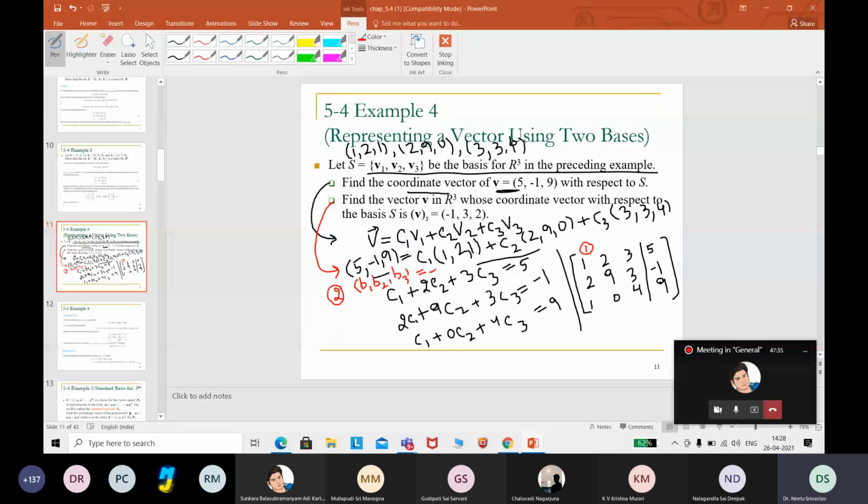So C1 is given as minus 1, C2 is given as 3, and C3 is given as 2. Multiply minus 1 with 1, 2, 1, 3 with 2, 9, 0, and 2 with 3, 3, 4. Multiply and add and just check what vectors you are getting. So what are the C1, C2, C3 you are getting? Can anyone update me?